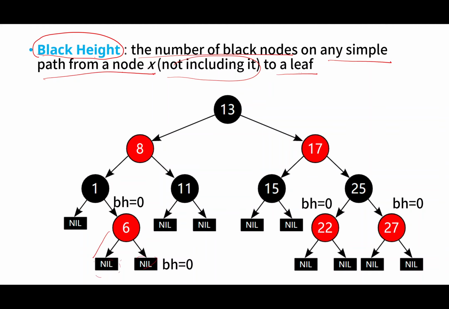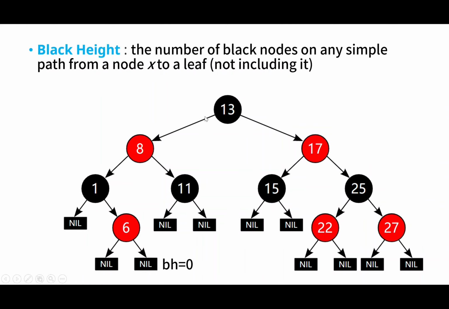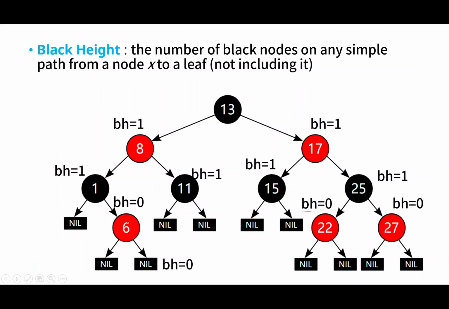For this figure, we can see this node, the black height is 0, and for this node, the black height is 1, because from this path there is just one black node.